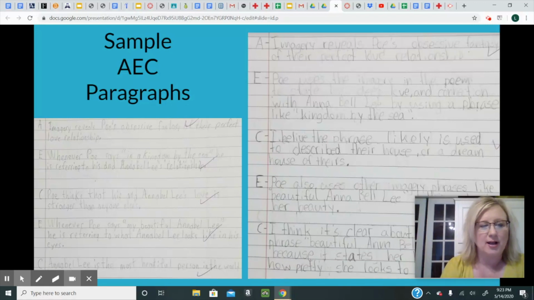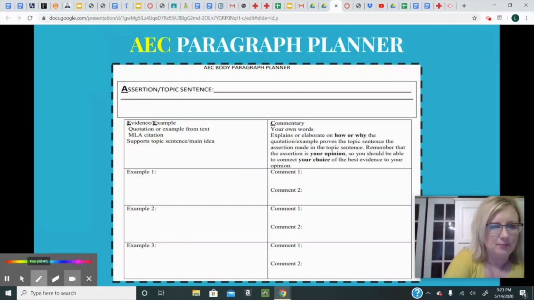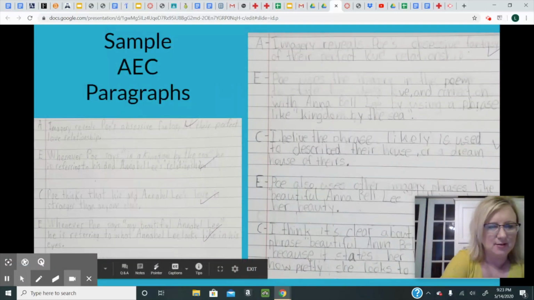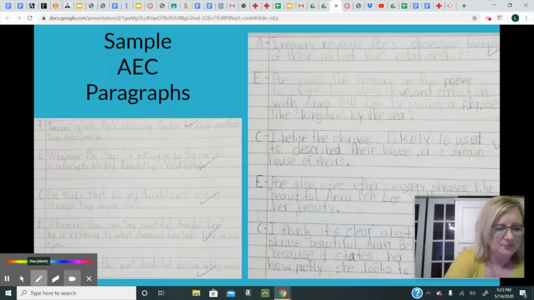In this particular class, the teacher chose to do this whole group after there was a good bit of brainstorming. And so several groups or pairs came together, and this is the culmination. So everyone ended up, and let me go back here to some sample AECs. It just jumped away from me there.